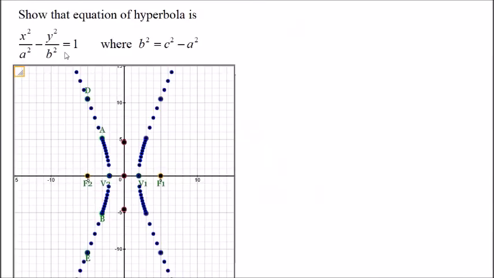Next, what we want to show is that for this hyperbola, the equation will be x squared over a squared minus y squared over b squared equal to 1. And so what is A, what is B, and what is C? A is the distance from the center, in this case (0, 0), to this point V1 right here.